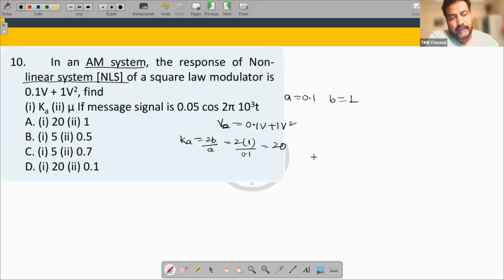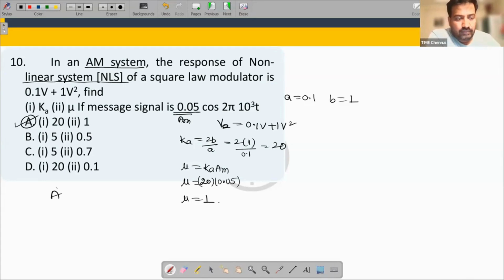Ka is 20. And also find mu. Mu is Ka into Am. And from this, Am is 0.05. Mu is 1. 20 and 1. Option A is the answer.